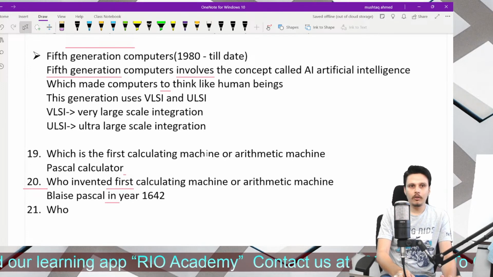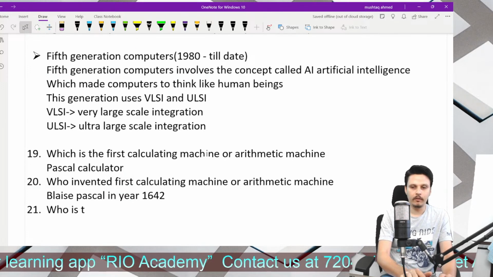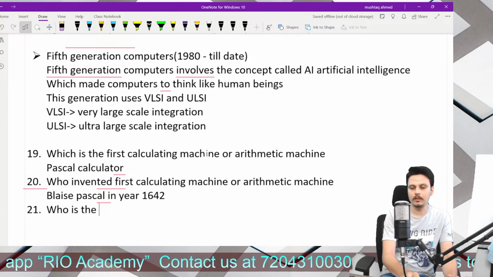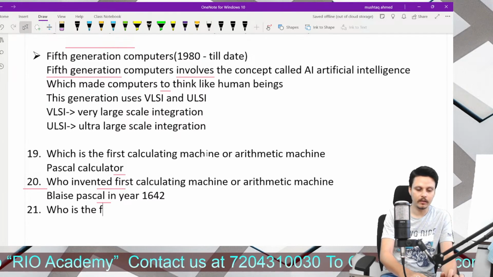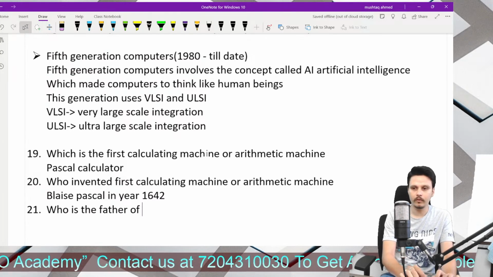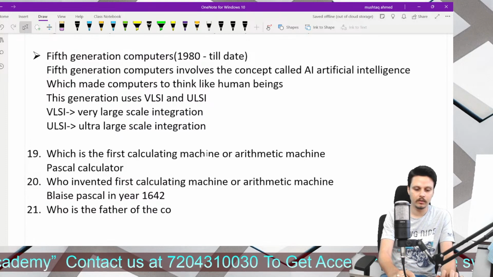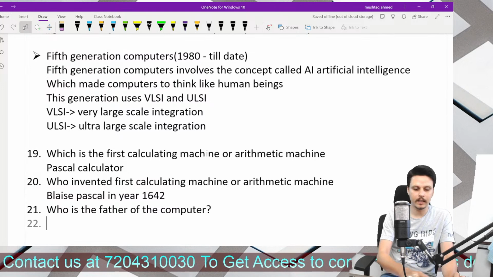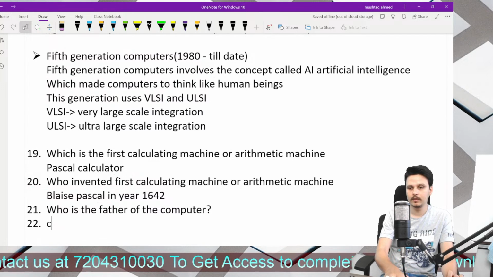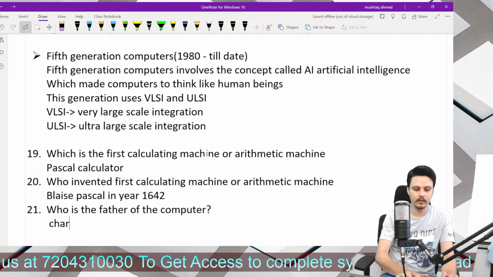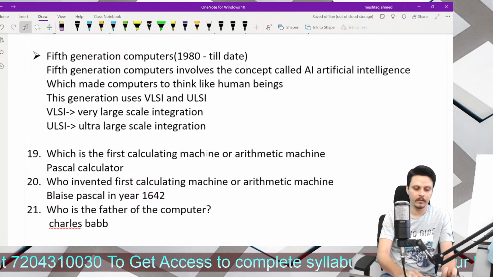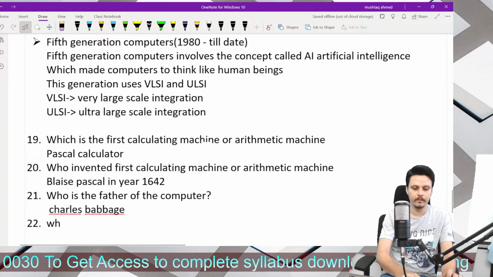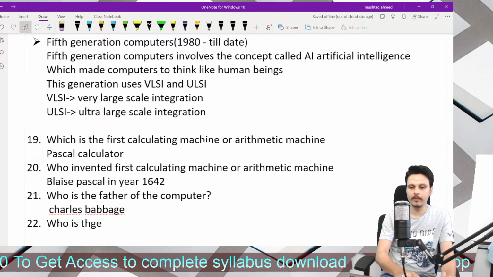Who is the father of the computer? Many of you know, it is Charles Babbage. Who is the first programmer?